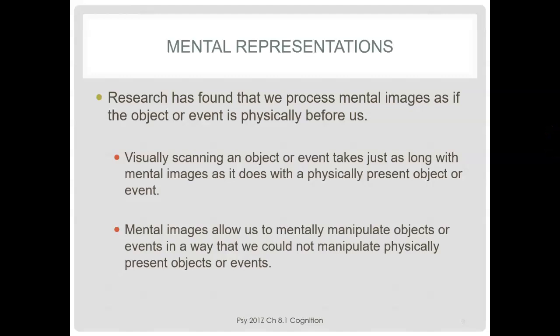Now, research has found that we process mental images as if the object or event is physically before us. This is really interesting to me. Something they've found with people who have schizophrenia or other disorders that cause hallucinations is that when the person is having a visual hallucination, their brain is activating as if what they're seeing is real.